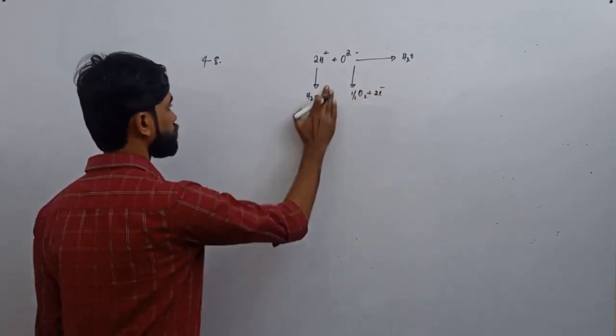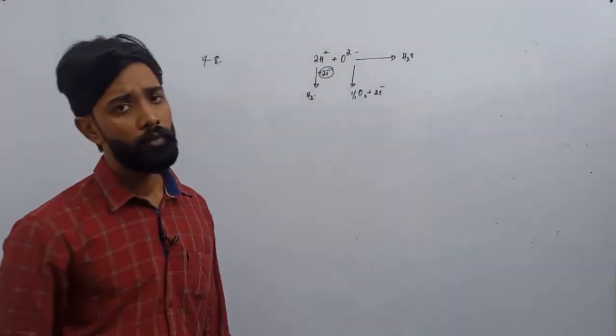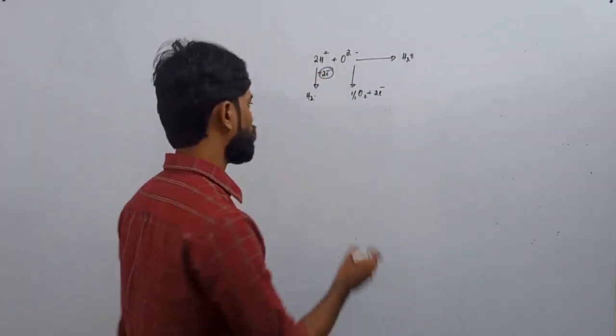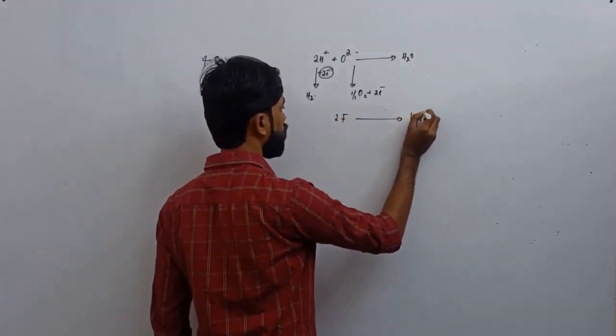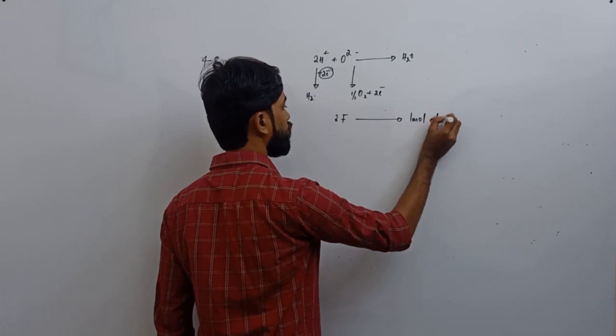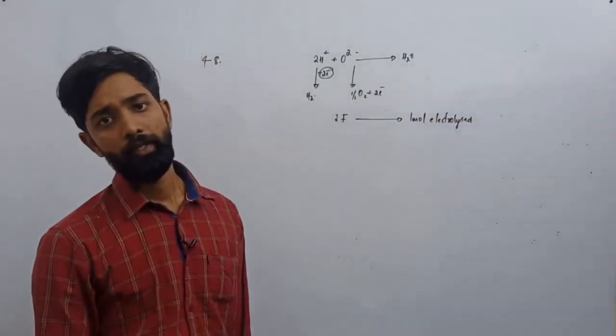It is clear that in the electrolysis of water, the electron involved is 2, which indicates that when 2 farad current is passed, 1 mole of water is electrolyzed. Agreed?